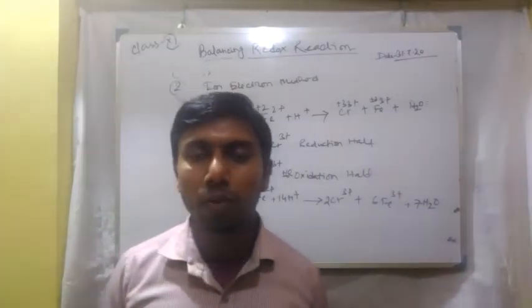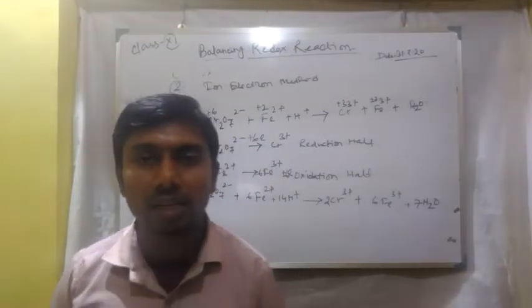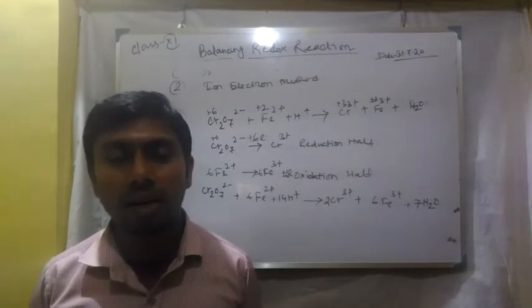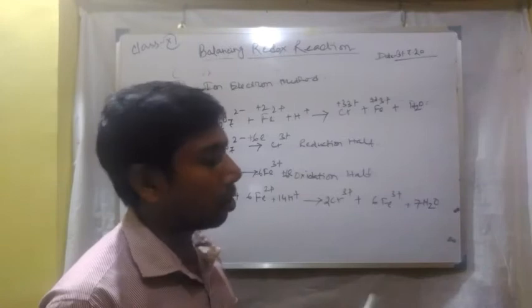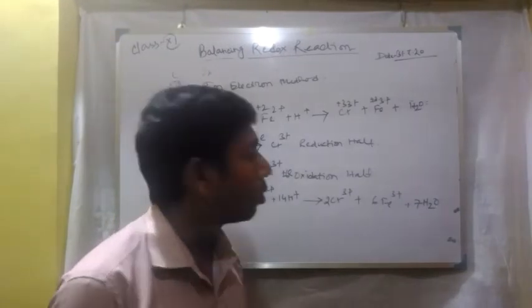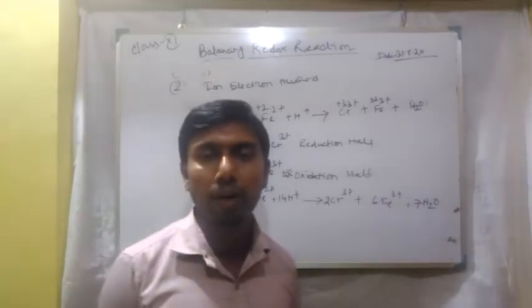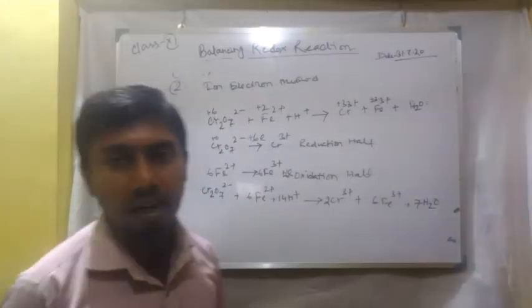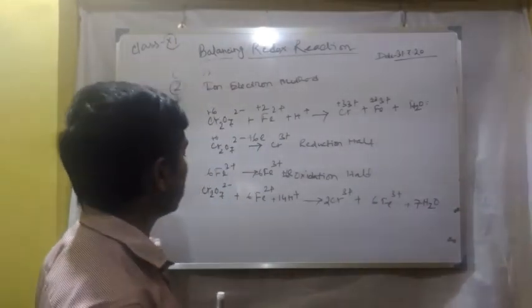Multiply the equation to equate the number of electrons absorbed and released, then write down the equation once again and then balance the oxygen atoms by putting H2O, then balance the hydrogen ions by using H plus on the left side of the equation. Then you can get the full equation.